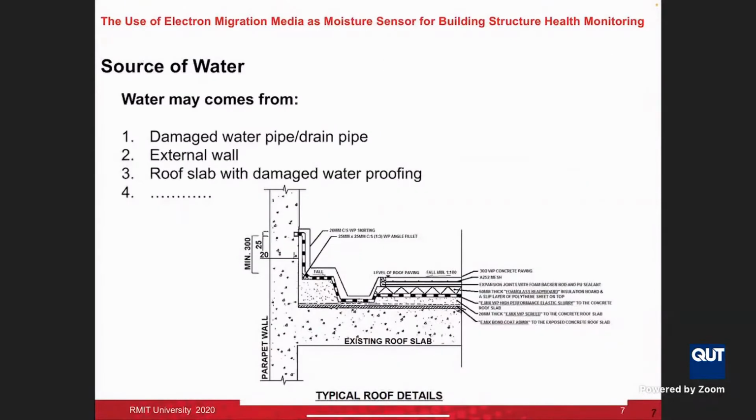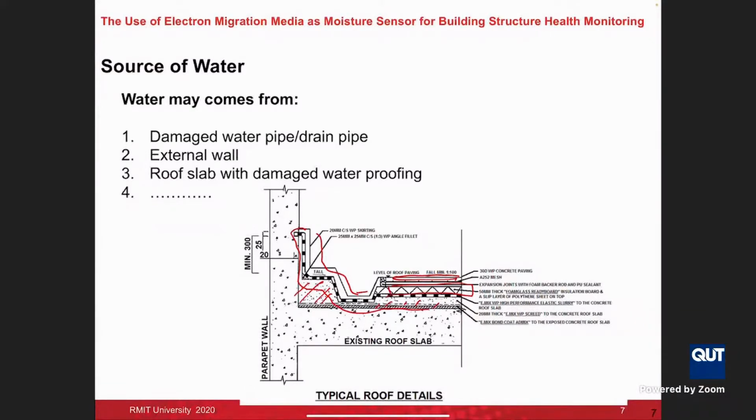So let's see why water goes into the building. Here is a typical detail of the rooftop. From the drawings, we have a tile at the top, an insulating layer, and then a layer we call the waterproof membrane, and then cement mortar at the bottom, just above the reinforced concrete.